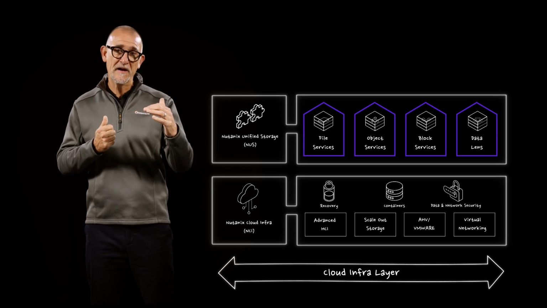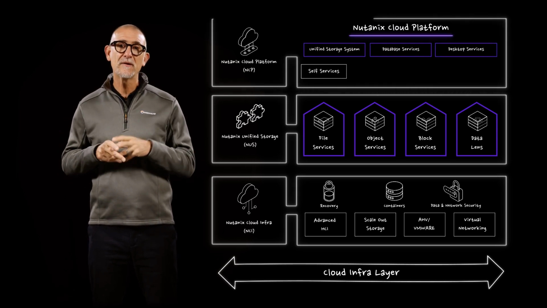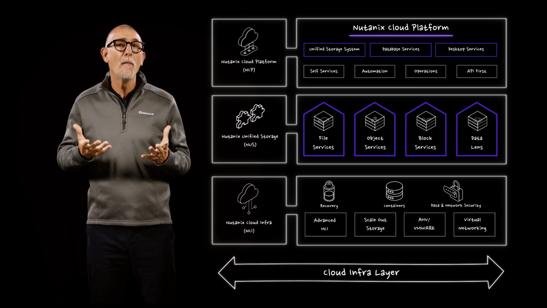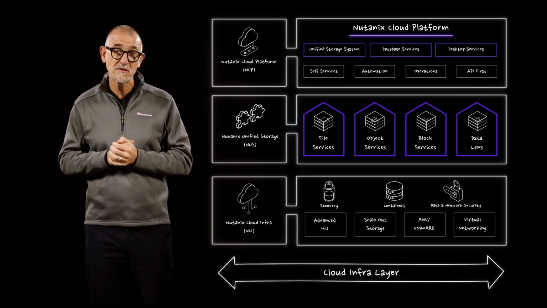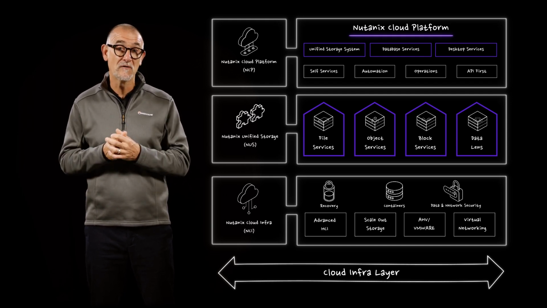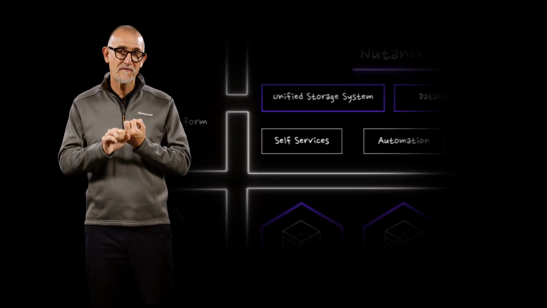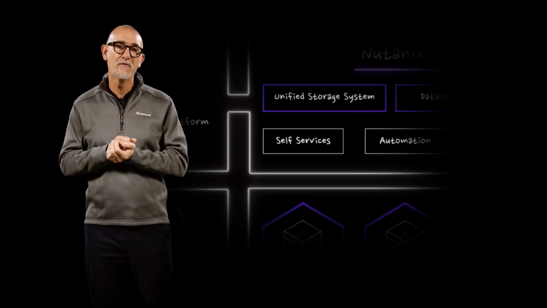And that last layer, which completes the whole Nutanix cloud platform, is around automation. I talked about virtual machines and containers. We don't want people running this manually because, of course, in large organizations, it's very time consuming, can be prone to error and risk as well from a security standpoint. So automation and self-service is one core component that fits inside the whole cloud platform.